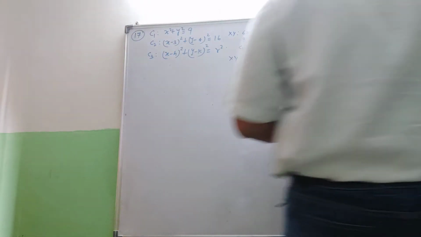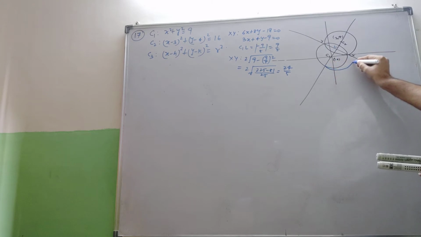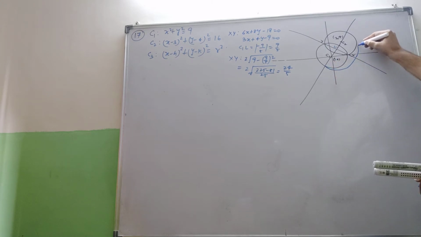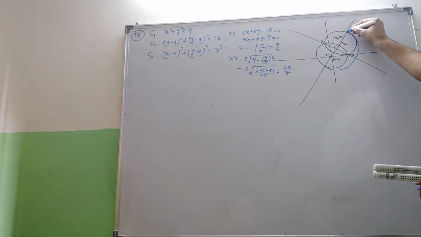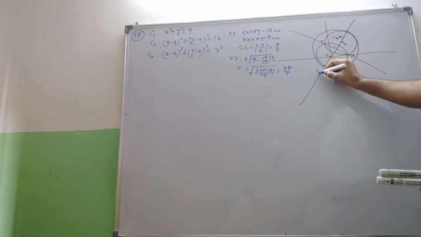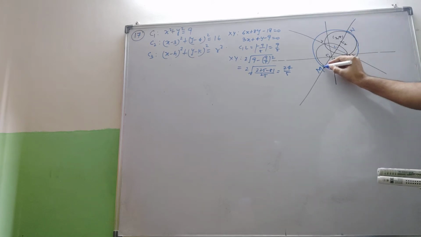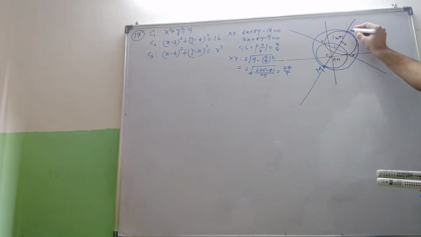Here we have been provided this circle C3. C3 is a circle which touches this at M and N, at these 2 points.